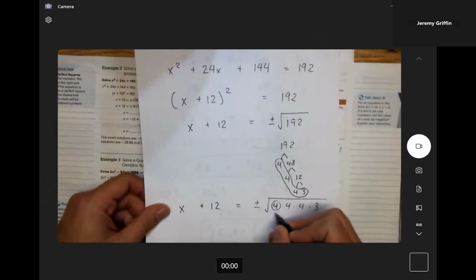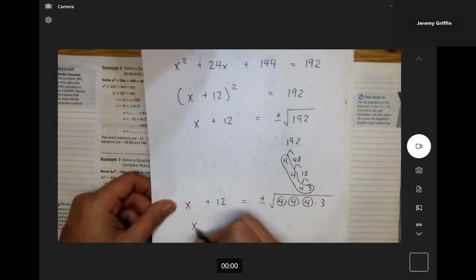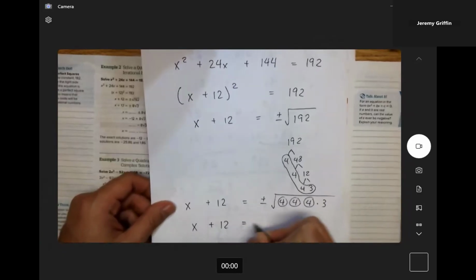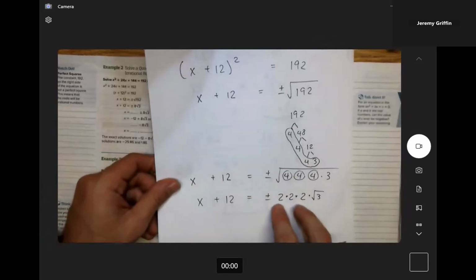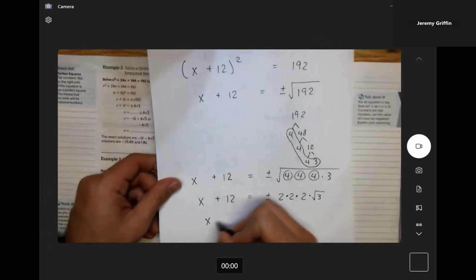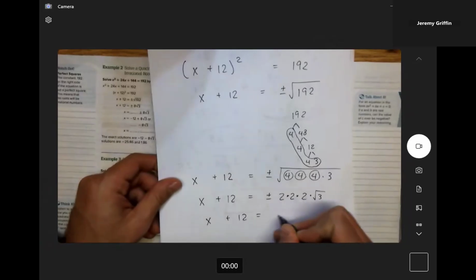So I can take this out as a 2, this out as a 2, this out as a 2. So x plus 12 equals plus or minus 2 times 2 times 2, and then I still have the 3 underneath the radical. Well, this is all 8. So x plus 12 equals plus or minus 8 root 3.